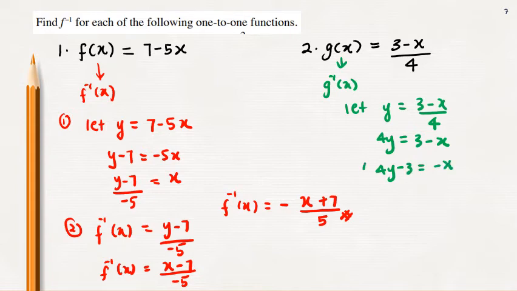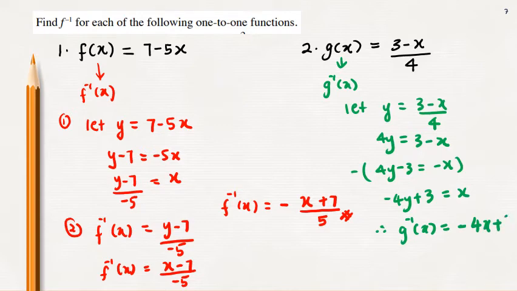So you jadikan semua ni, x tu kena positif times dengan negatif semua. So it's become negative 4y plus 3 is equal to x. Thus, g inverse is equal to negative 4x plus 3. Senang je inverse ni.